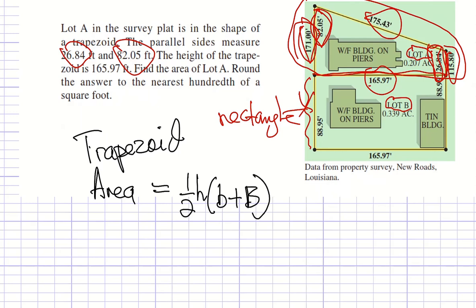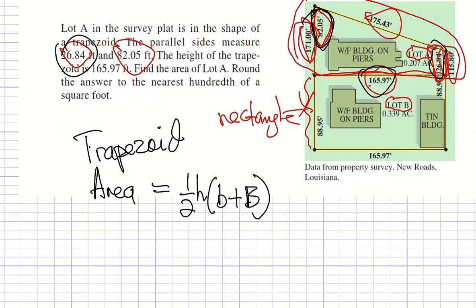Big B is this one, because it's the higher one, and small b is this one. So the small b is 26.84, and the big B is 82.05. And then the height is that.